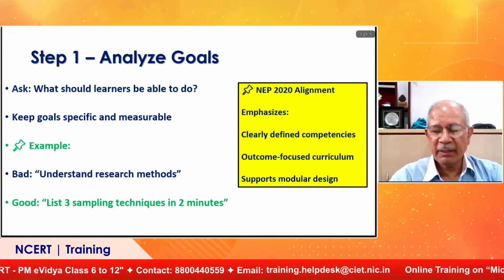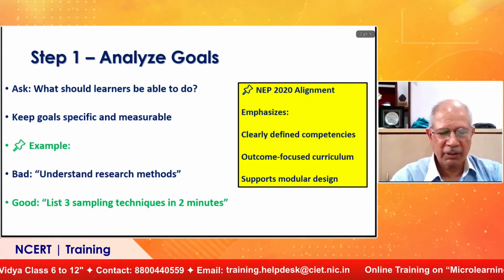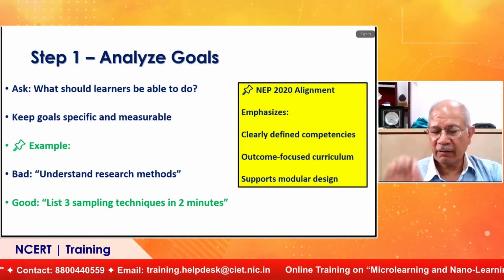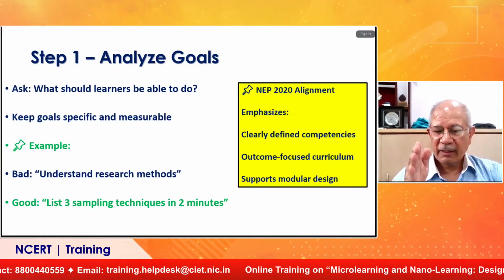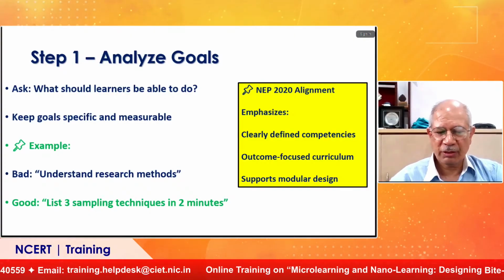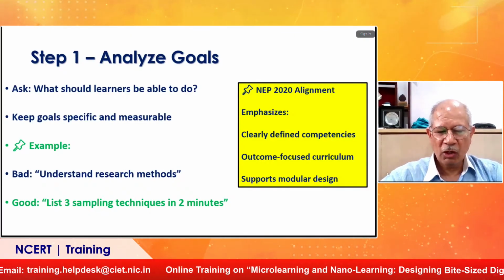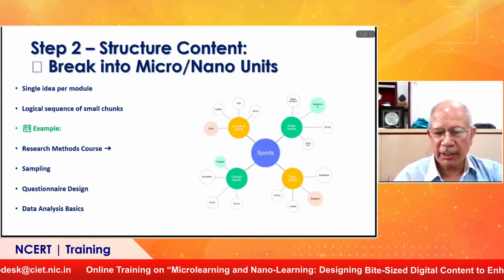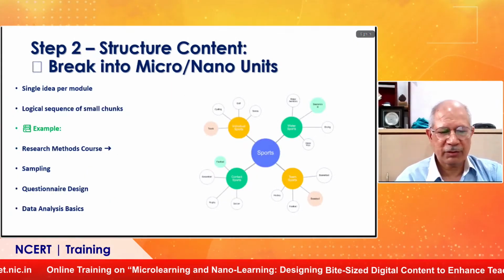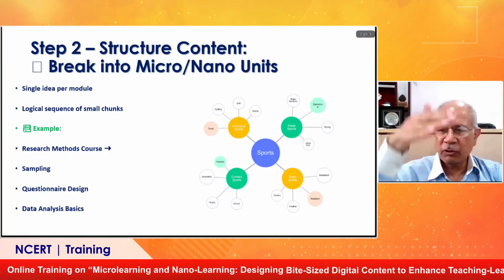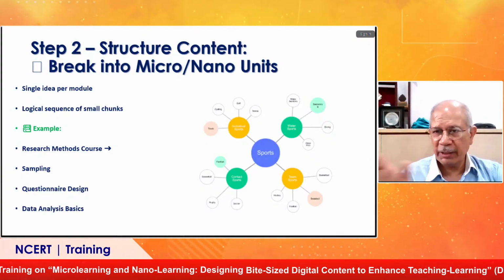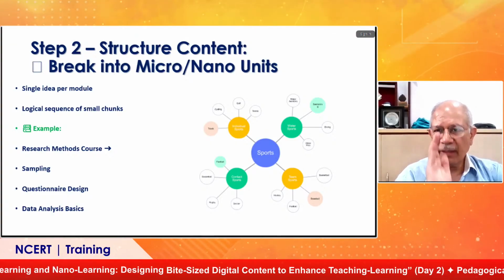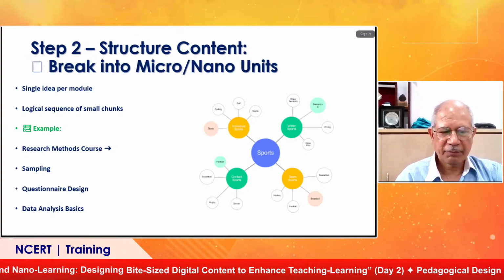And it has a big alignment with NEP 2020 as well, because it emphasizes clearly defined competencies at every level of education. We need to focus on that. Second step is to structure content into micro or nano units. Break down these big goals into smaller, coherent units. Think in terms of a single idea per module.